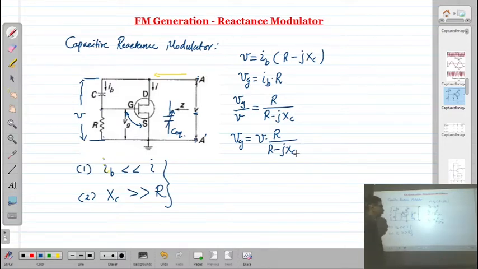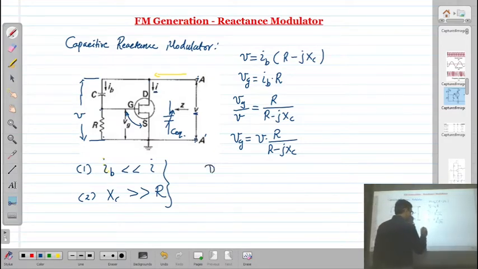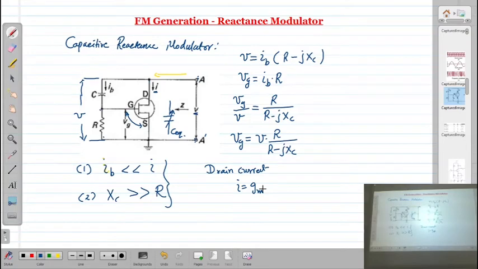Okay. Now, what is the drain current? According to the definition of transconductance, the drain current I is equal to Gm into Vg, because the transconductance is the ratio of the drain current to the gate voltage.